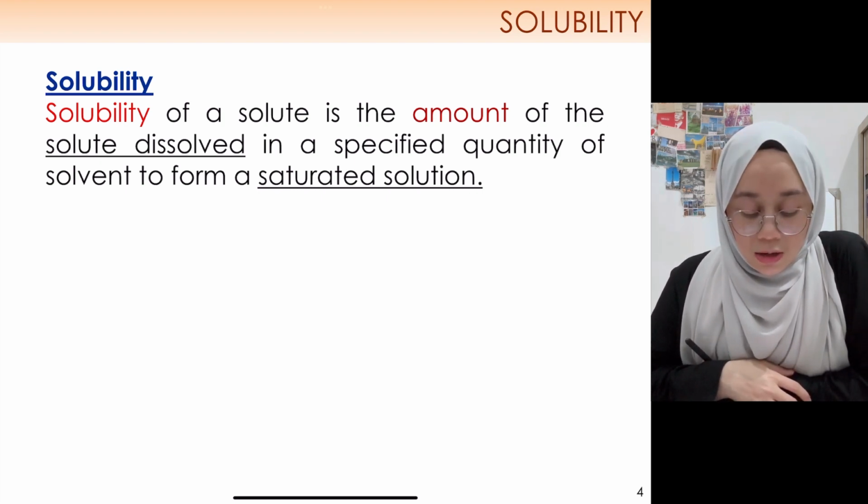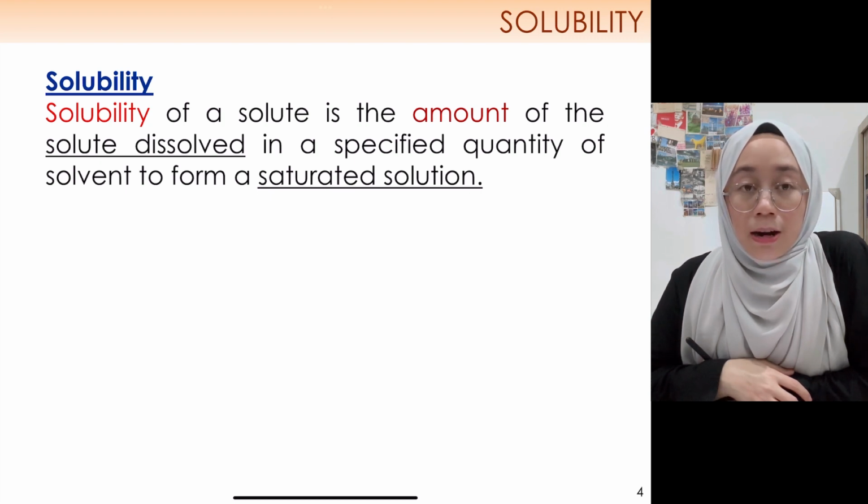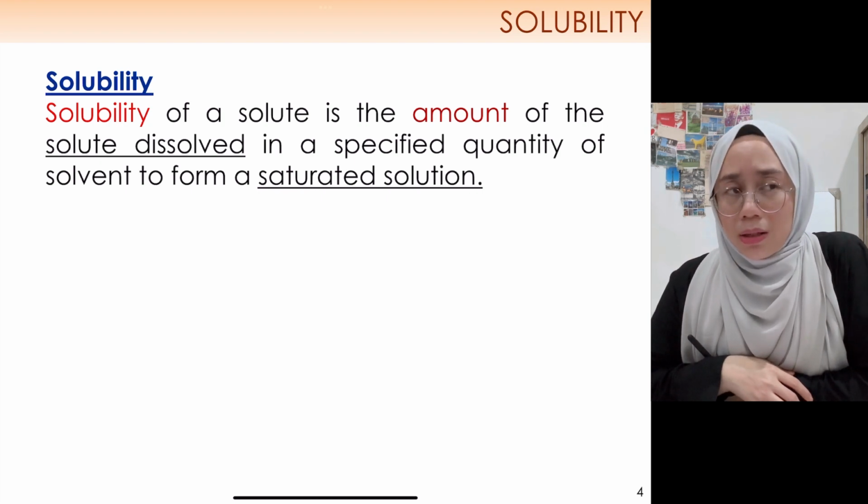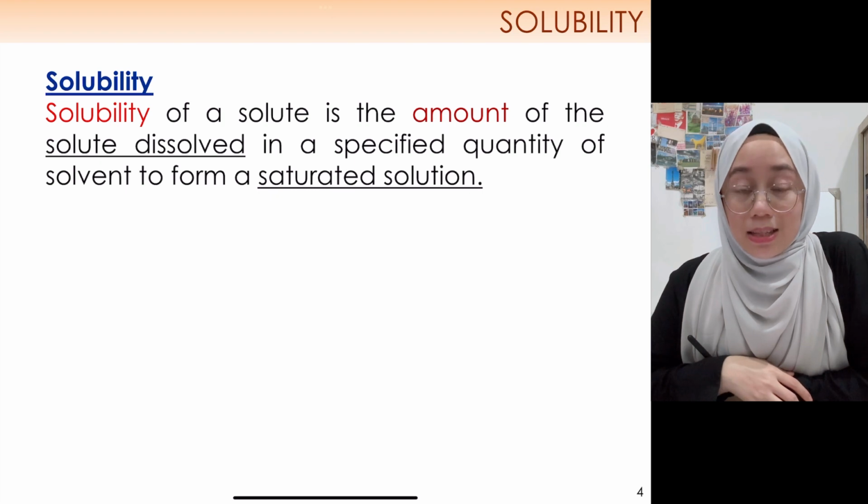Basically, kalau kita masukkan like garam dalam air, okay, so of course there will be a certain amount of garam yang akan dissolve dalam water tu lah. Tapi makin banyak kamu tambah garam ataupun kamu kurangkan the solution, so of course the solubility of garam tu akan jadi lagi berkurang.